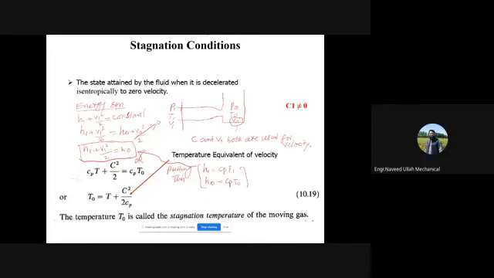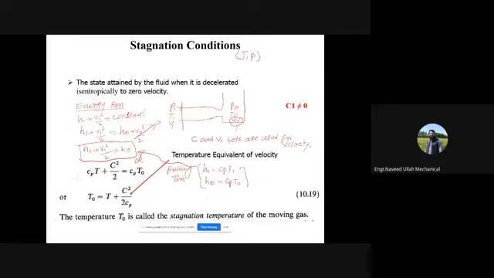Now, discussing these things, let us look at the stagnation conditions. What are the stagnation conditions? By condition here we mean states, and the state variables are mostly temperature and pressure.